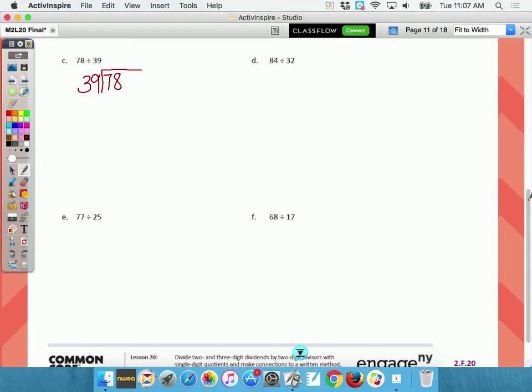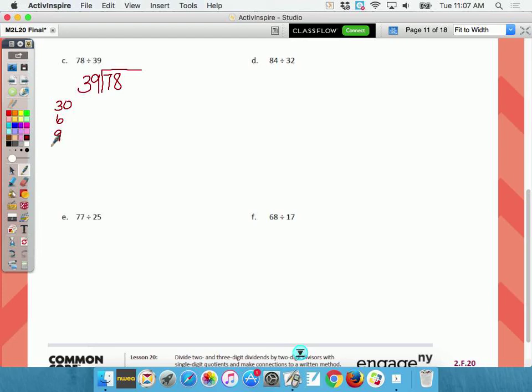If I round this up, we're going to have to know it's too high. So what should we maybe skip count by? 30s. So we could skip count by 30s here, or we could skip count by 40s. Well, let's just see what 30s gives us.